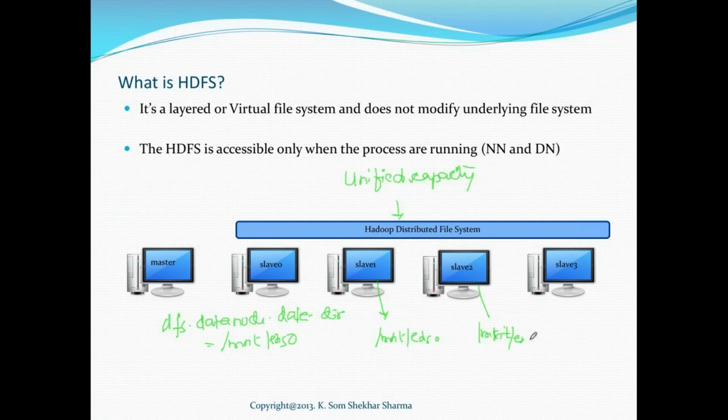Here also you're giving /mnt/ebs0. Let us assume the mount point, the hard disk, is of 1 terabyte here, 2 terabyte here, 4 terabyte here, and 1 terabyte here. So the HDFS unified capacity will show you 1 plus 2 is 3, 3 plus 4 is 7, 7 plus 1 is 8. It will show you 8 terabytes.